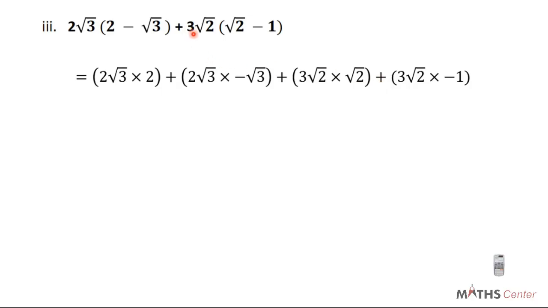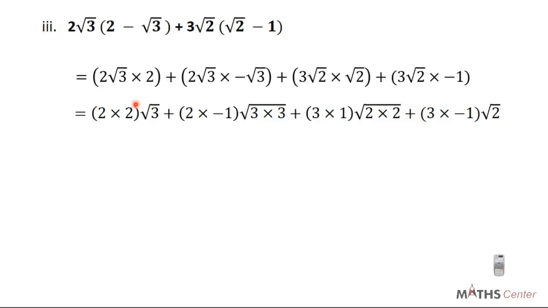Then what is outside the bracket again? 3 root 2 times what is inside the bracket, which is minus 1. So minus 1. Then from here, we multiply what is inside the bracket. 2 root 3 times 2. From the properties of surds, we know that 2 root 3 times 2 will give us 2 will multiply 2, then square root of 3.